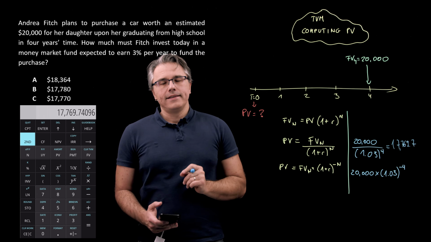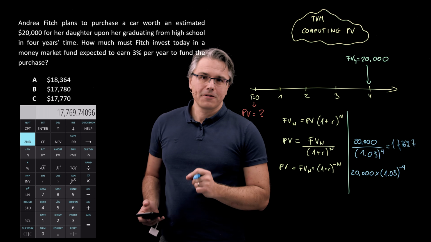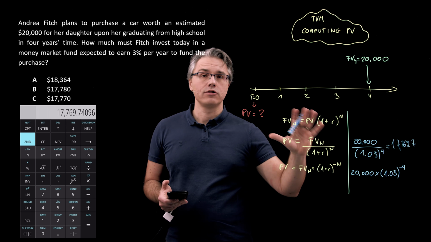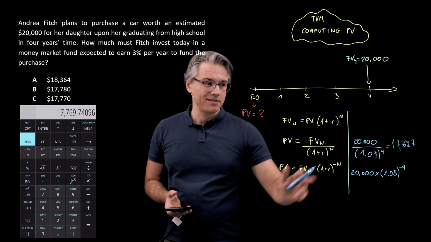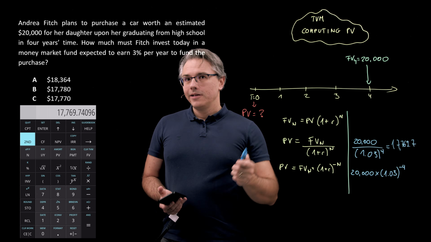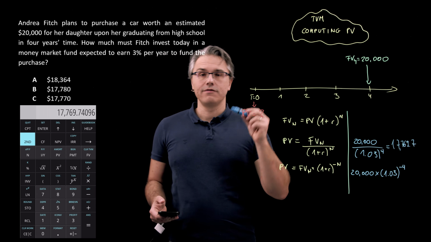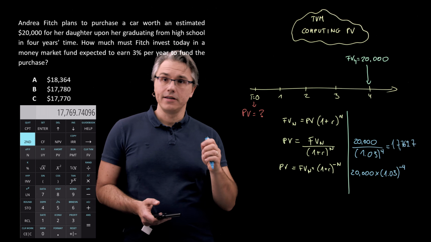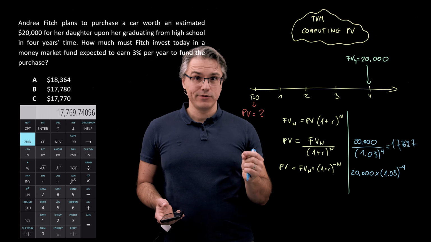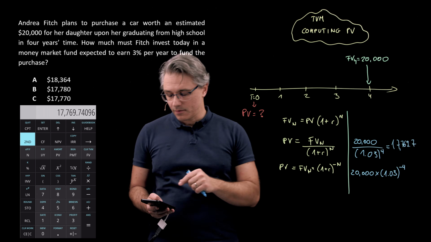If you're not getting this answer on your calculator, if you're getting something completely different, it probably means that your calculator is not formatted to handle computations using the algebraic operating system. So what it does is it first divides and then only then raises to the power of 4. Please change that. It will be very useful for the exam. There's a video which I've linked to in the description that will show you how to change the formatting of your calculator so that you can handle these types of problems easily.